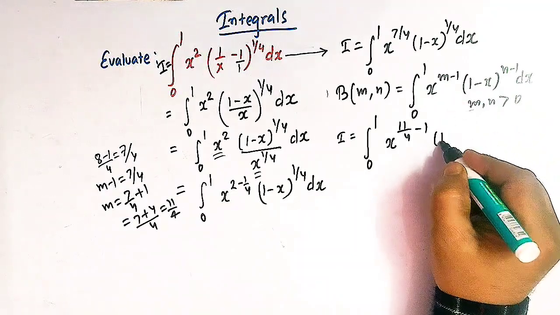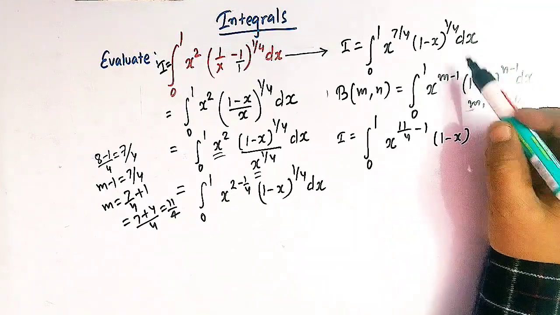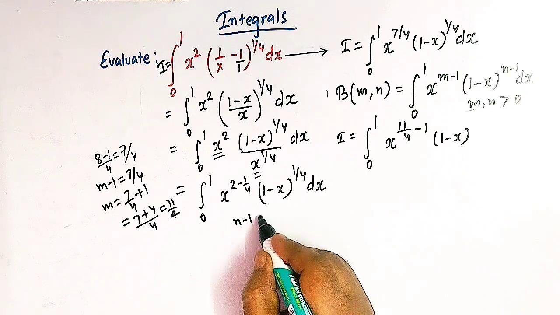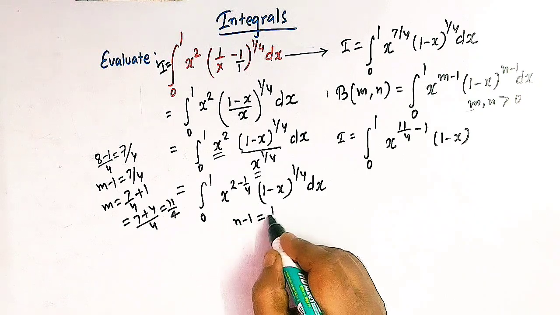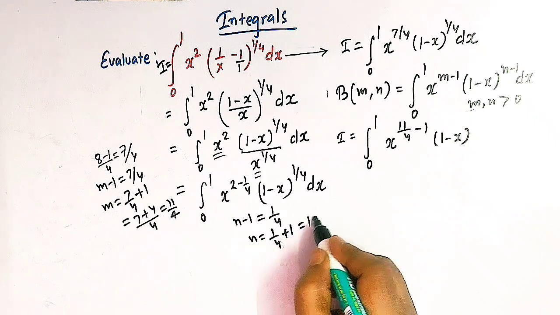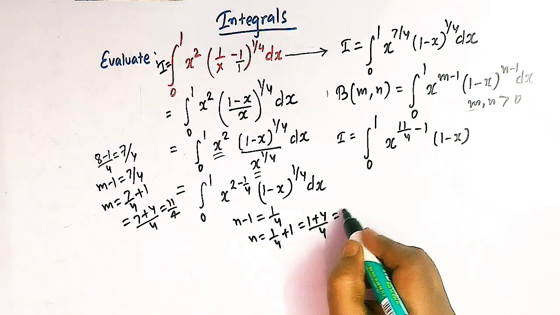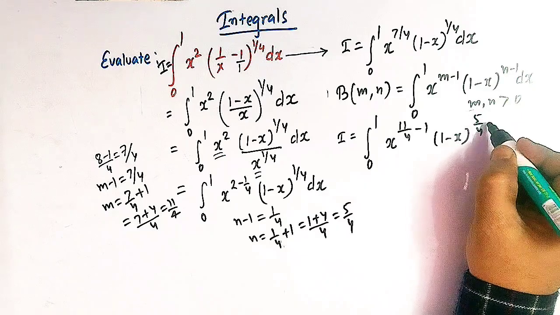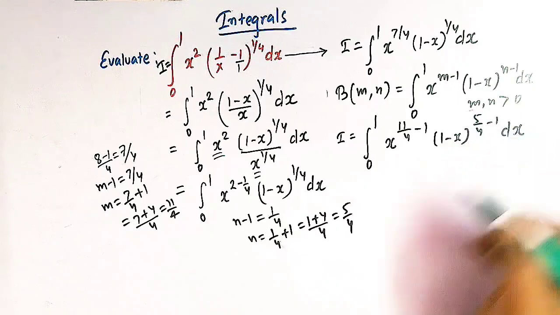Similarly here we have (1 minus x) raised to 1 by 4, so 1 by 4 can be equated to n minus 1. So we have n equal to 1 by 4 plus 1, this is 1 plus 4 over 4, that is 5 by 4. So here we can write 5 by 4 minus 1.